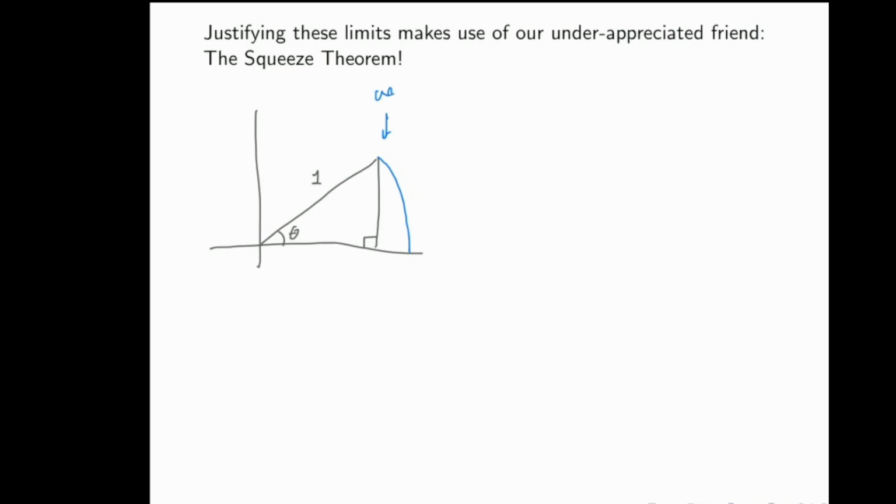So the wedge of unit circle corresponding to theta. And then I'm going to extend this line or extend this triangle so that now, since it touches the unit circle, its base is 1.